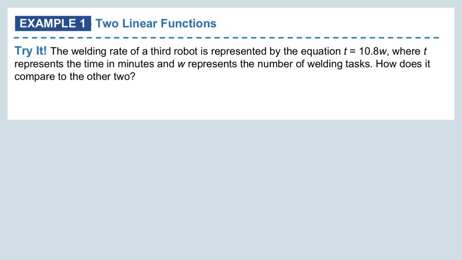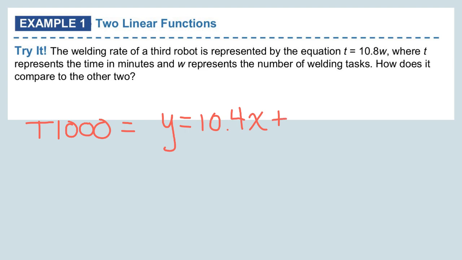We had our model T1000. That was the table. And if I was going to write the equation, y equals the slope, remember that was 10.4, plus the starting point, the y-intercept.